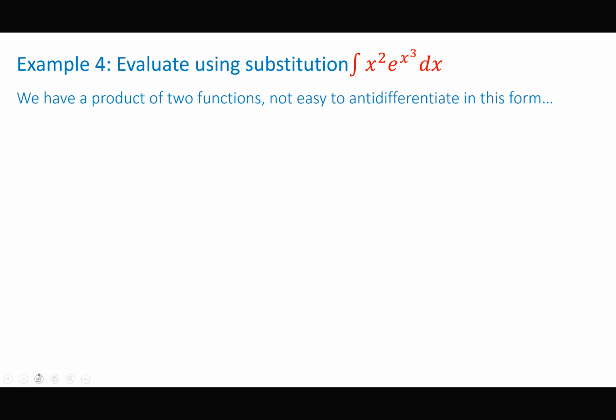So what I'm going to do, I'm going to start a u substitution, and I'm going to say, well, let u be x cubed. And we'll get into in a minute why I chose x cubed to be my u value. I know if u is x cubed, then du dx will end up being 3x squared.